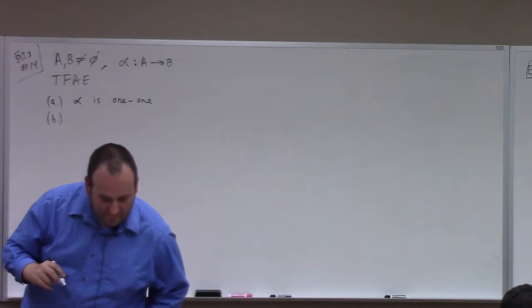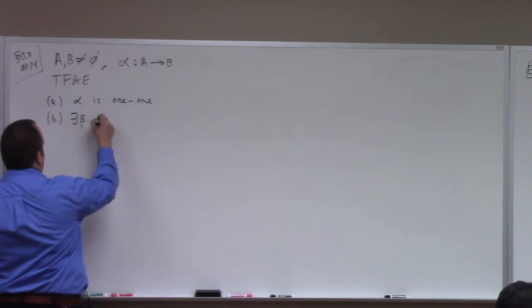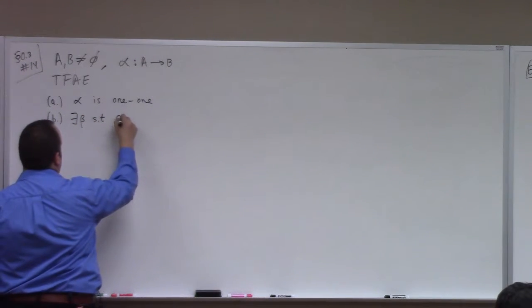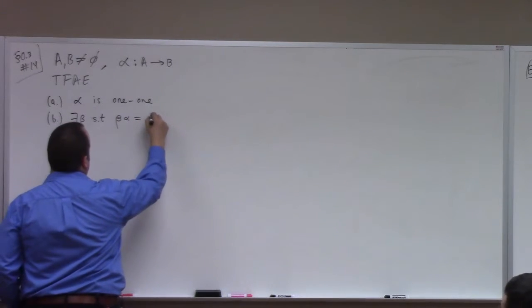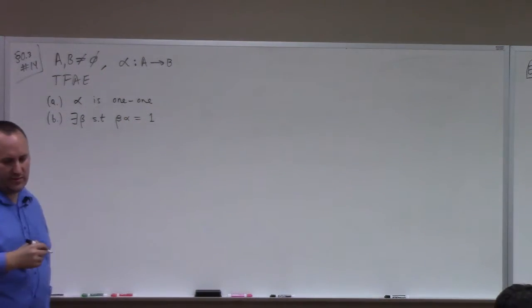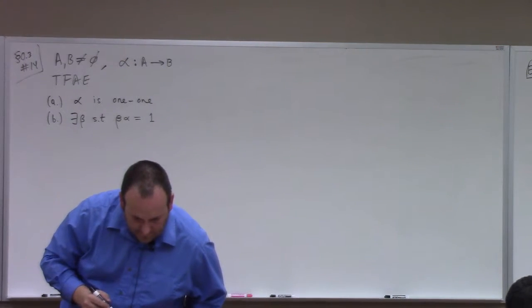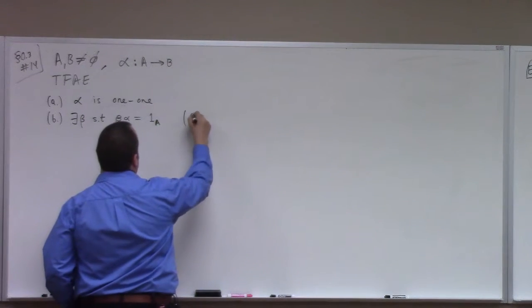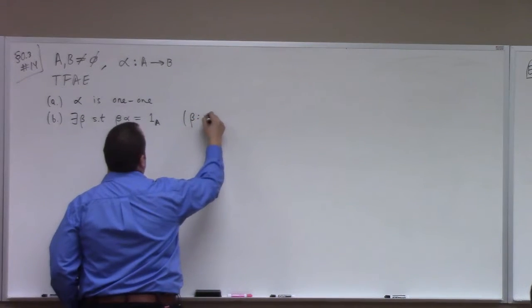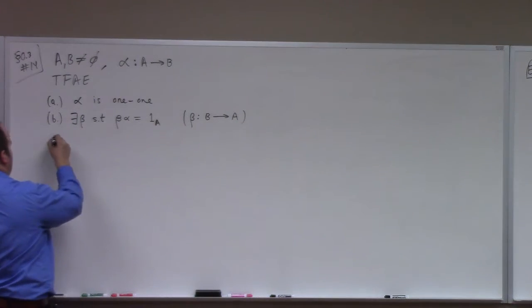There exists beta such that beta alpha is equal to, what is it, 1A? Of course, beta is from B to A, right? That was in the statement, I just muddled it, sorry.